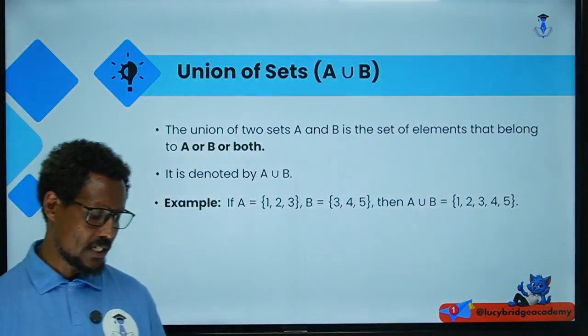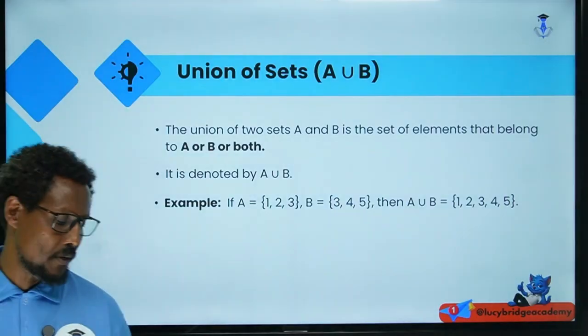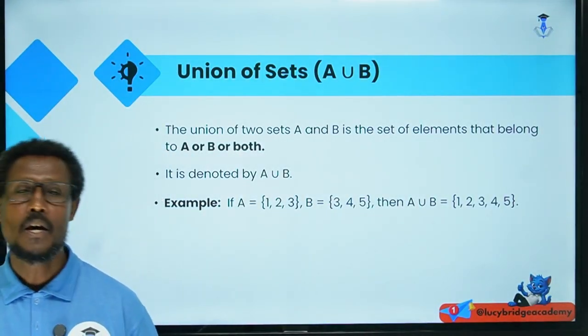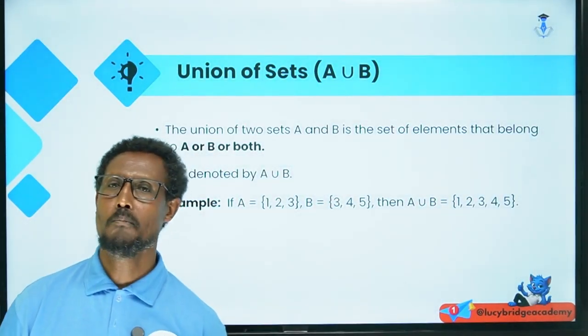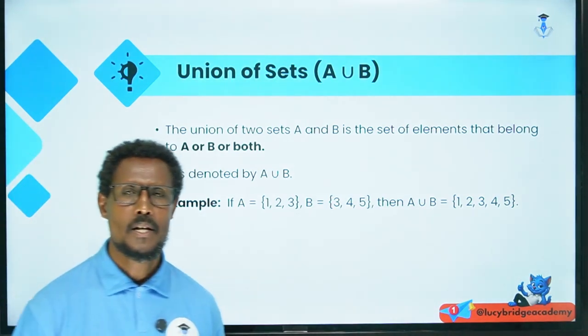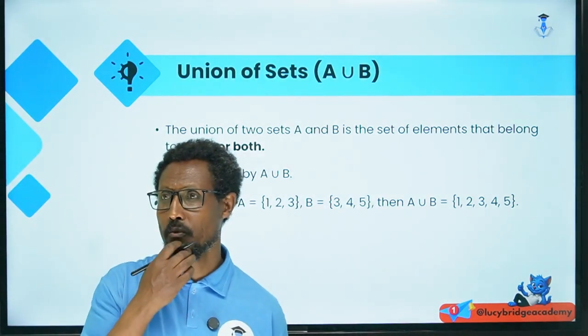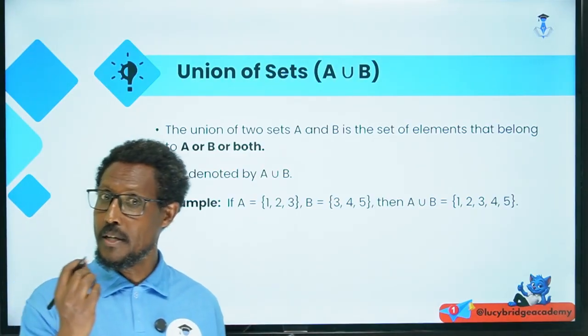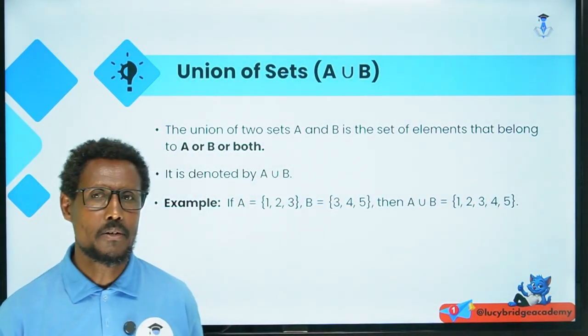The union of two sets A and B is a set of elements that belongs to A or B or both. Okay, or both. The union of two sets means we know that if we have a set, we have elements.